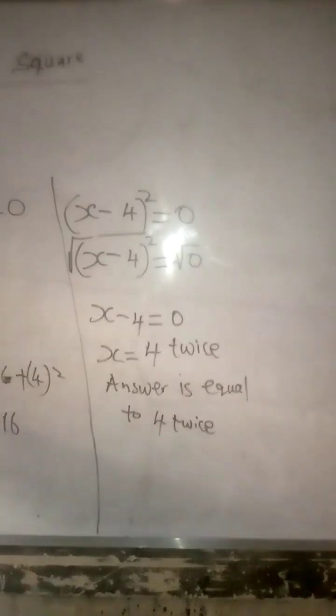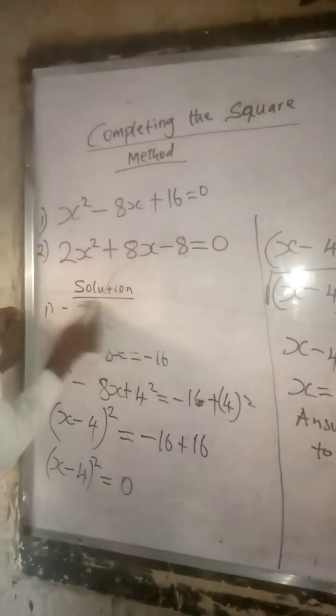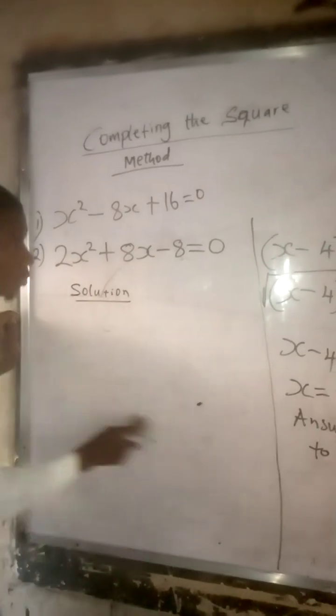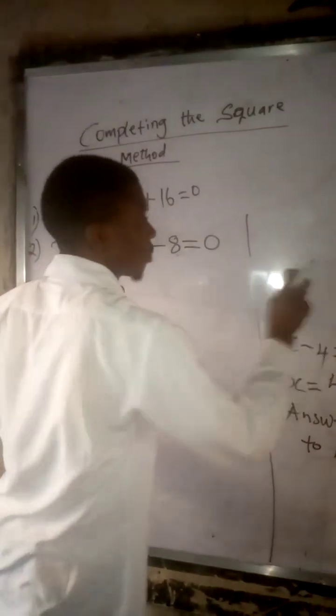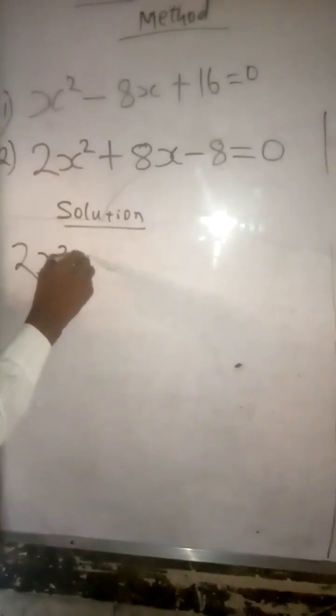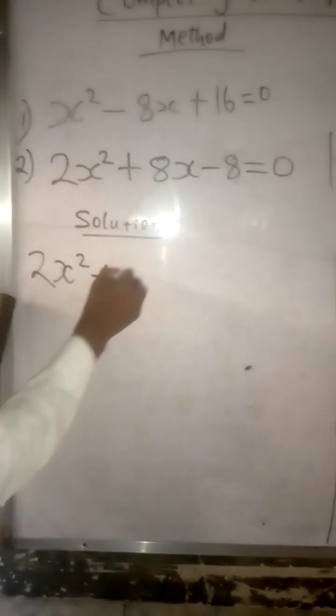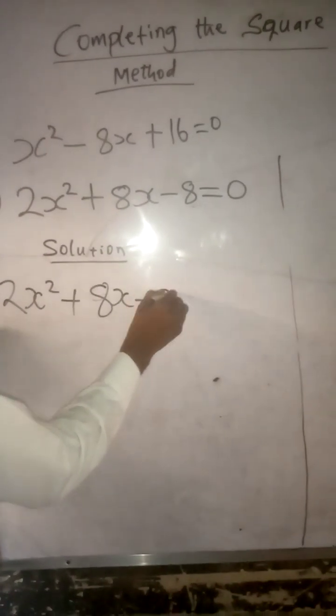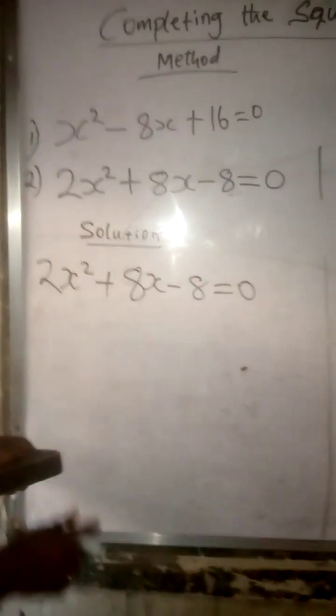So solving question number 2. We're having 2x squared plus 8x minus 8 is equals to 0.